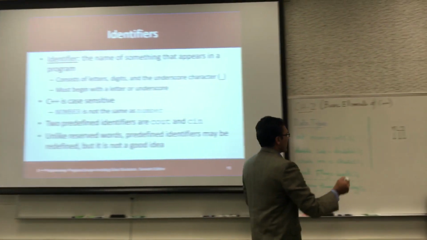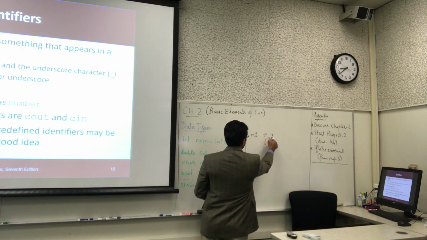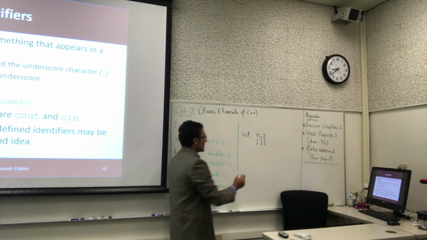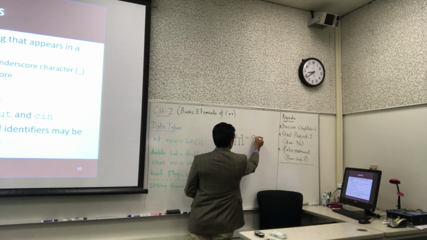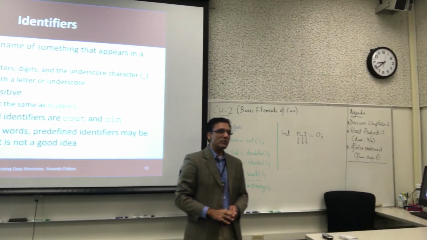So if you want to declare this variable as integer, you're saying n underscore 2 is an integer. When you declare it, you also want to initialize it. Initialize means you want to make sure it has a 0 value when I'm ready to use it.